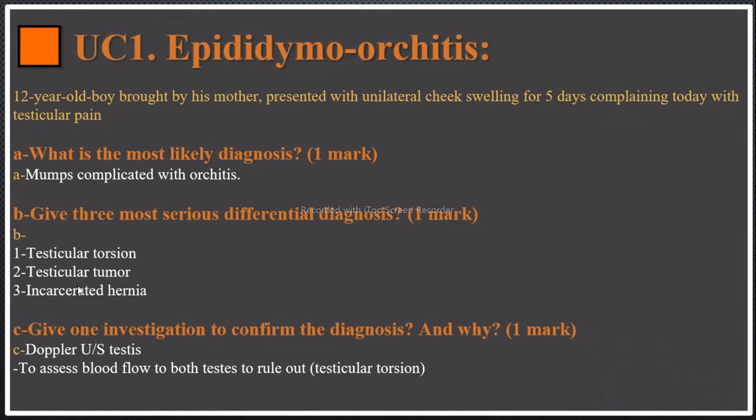Testicular torsion, because after more than 6 hours it becomes gangrene. One investigation to confirm the diagnosis, and why? Doppler ultrasound, to assess blood flow to the testis and rule out testicular torsion.